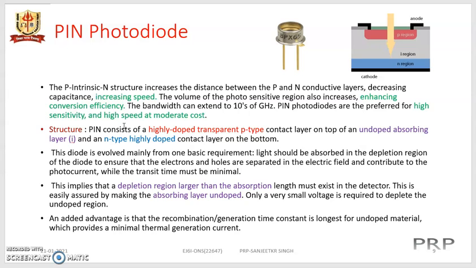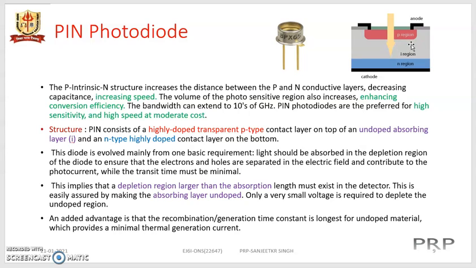Now here we have the structure of a PIN photodiode, in which we find a conventional PIN photodiode consisting of a highly doped transparent P-type contact layer, through which the light will pass to reach the intrinsic layer.